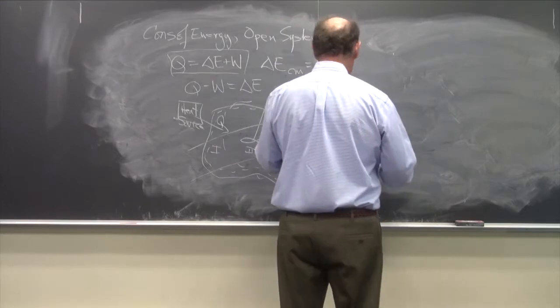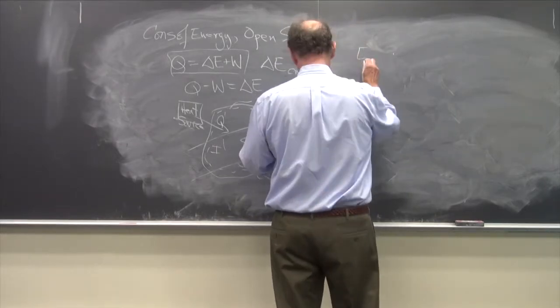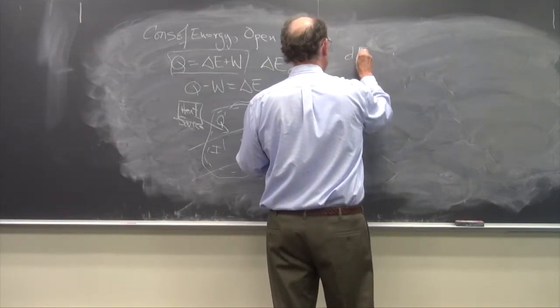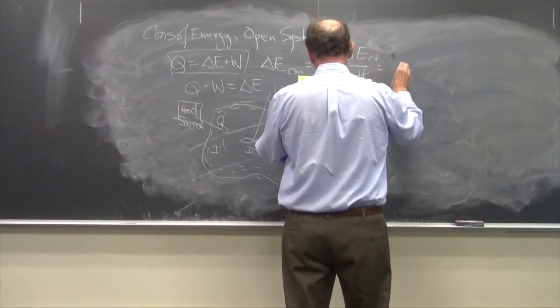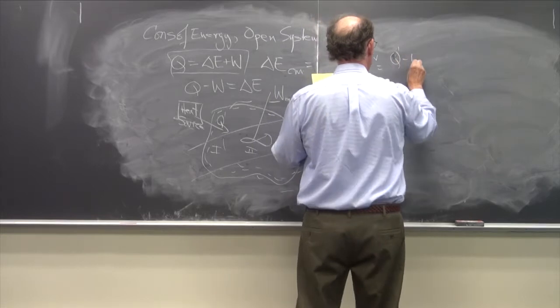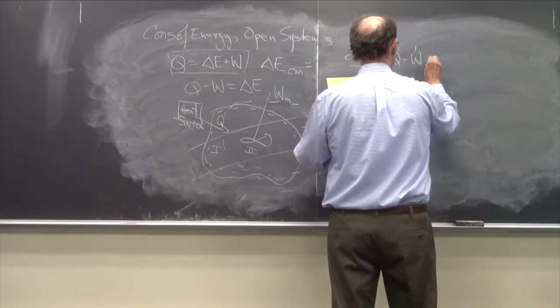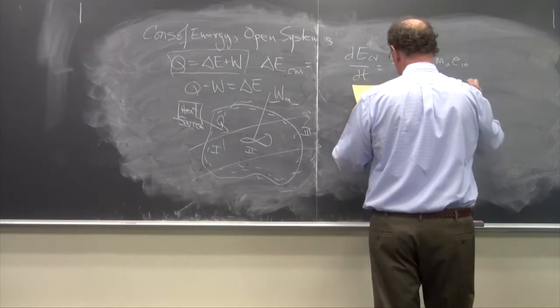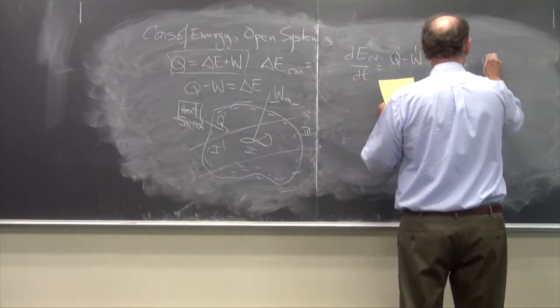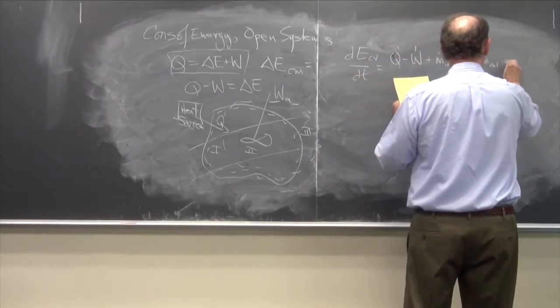And so now if I look at this, I have that the change of the energy of the control volume, dE/dt, is equal to Q dot minus W dot plus m dot in E in minus m dot out E out.